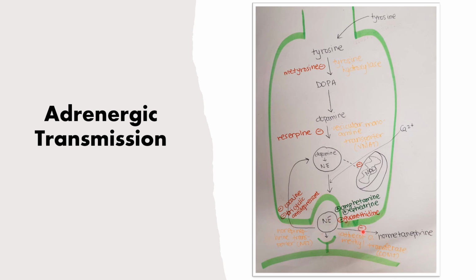That has the negative sign because it inhibits the action of norepinephrine by reducing its concentration in the synaptic cleft. So it gets broken down into an inactive metabolite, which is excreted in the urine. And just a fun fact, the inhibition of COMT is very useful in Parkinson's disease.